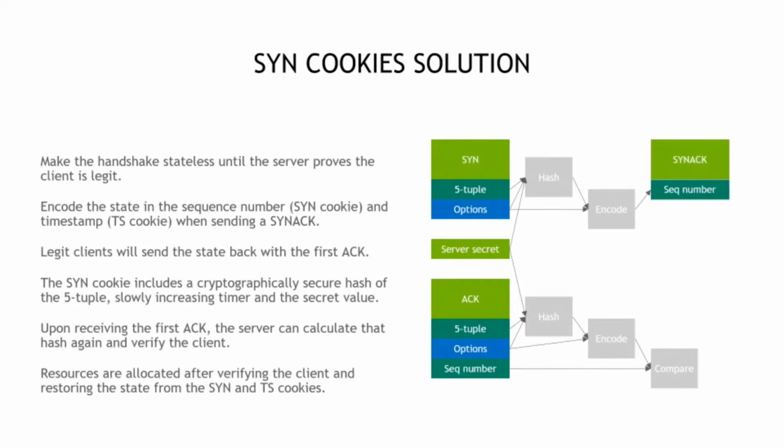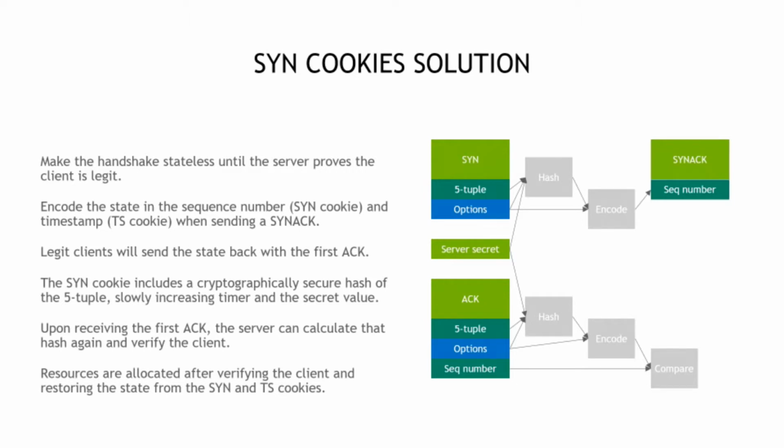So, such classical approach is syncookies. Instead of storing the state on the server, it makes the client remember the server state for it. The state is encoded in the sequence number and timestamp, and sent back to the client with a SYNACK. It's called syncookie and timestamp cookie correspondingly.